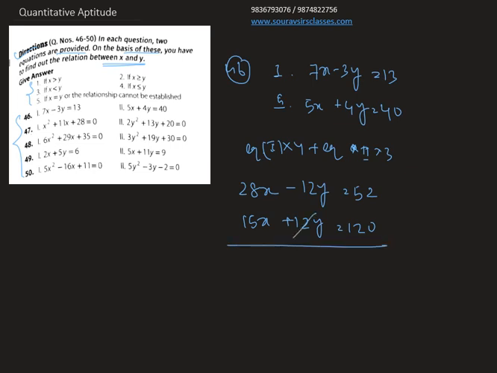After solving this we get 43x equals 172. That means the value of x will be 4, hence y equals 5. Therefore here we have x is less than y. Option 3 is the correct one.